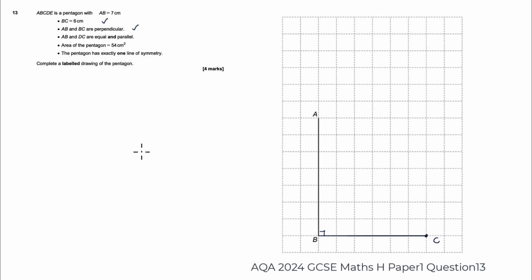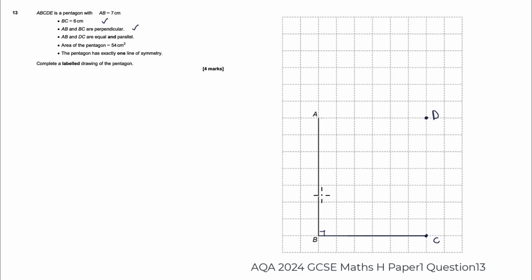Now we're told that AB and DC are equal and parallel. There's AB, so DC parallel, going in the same direction and equal length. DC would be from there to there.